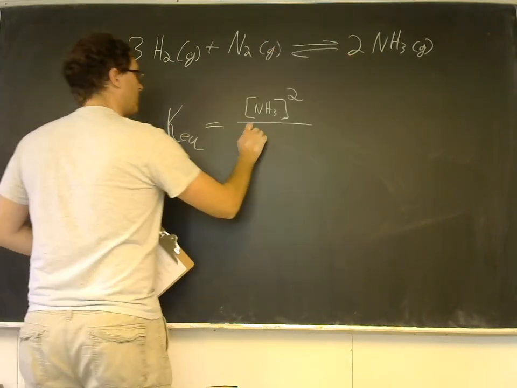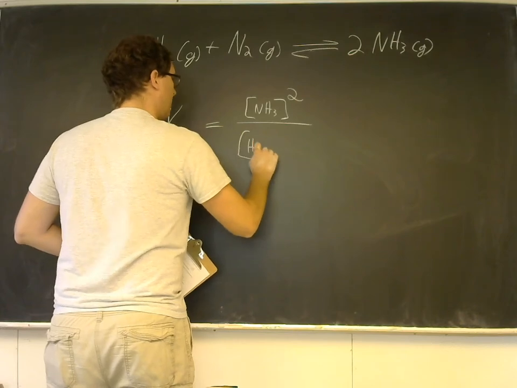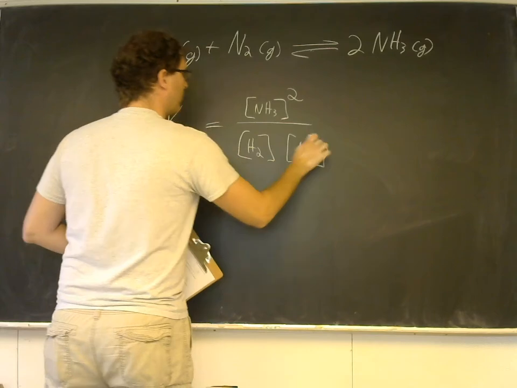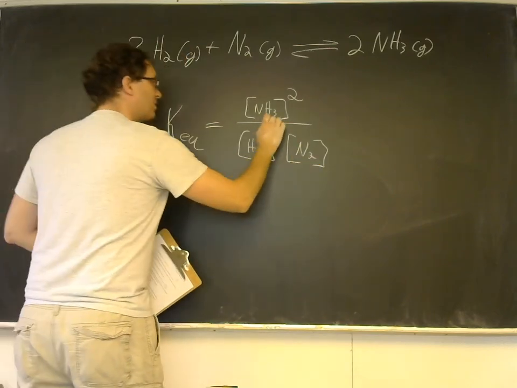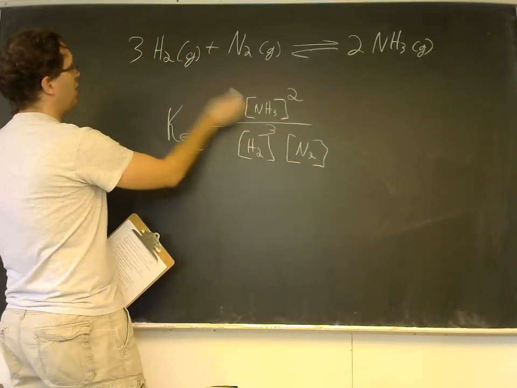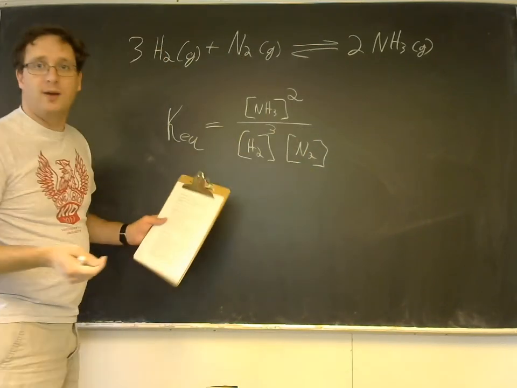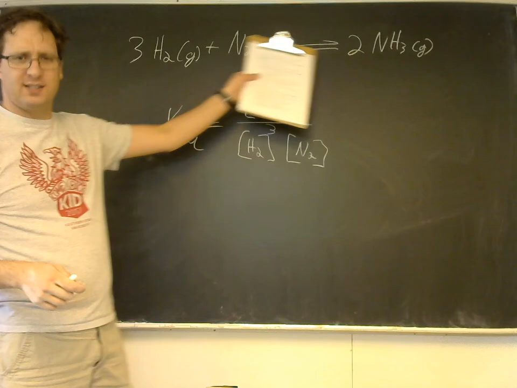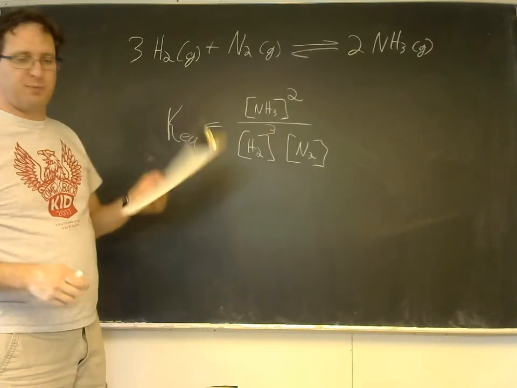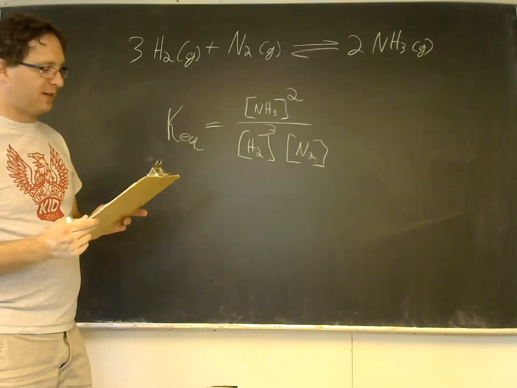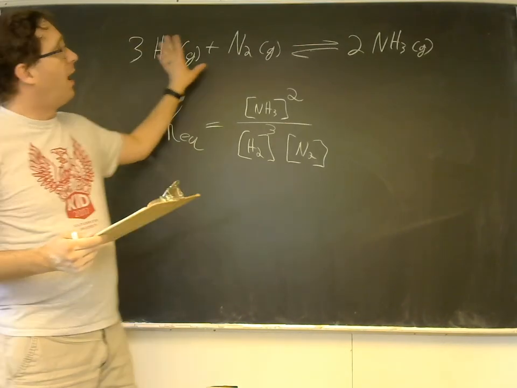And then we'll take the concentrations of the reactants and raise them to the powers of their stoichiometric coefficients. We're going to cube the hydrogen, and then the nitrogen we'll just leave as a 1. They're all gases. There's no solid or liquid, so everything should be present. And there it is. That is the equilibrium expression for this reaction.